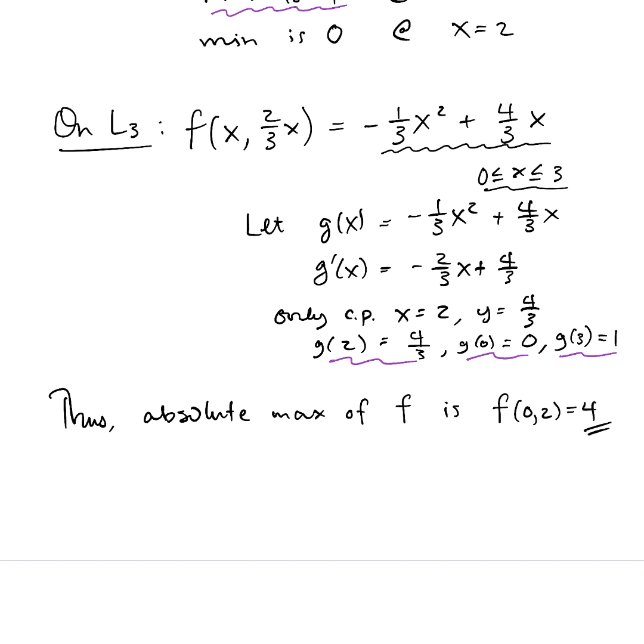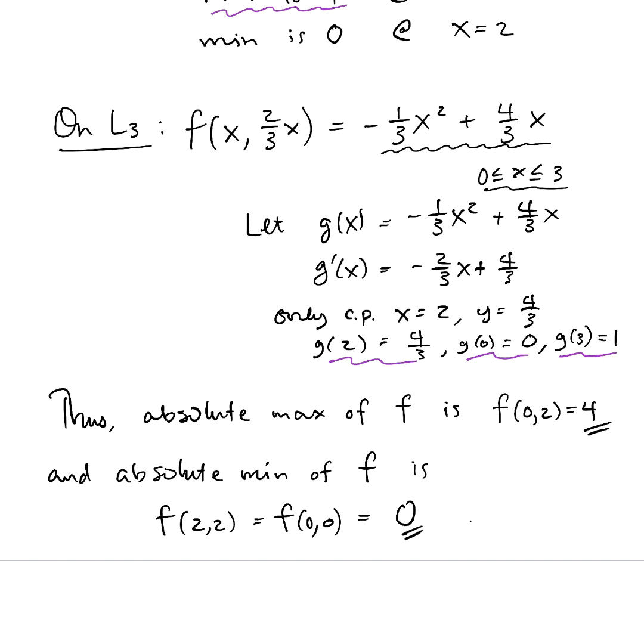So that's the most f ever comes out. And the absolute min of f is f at, oh, that happened at a couple spots, 2, 2, and also at 0, 0, and that common minimum value that f came out to at those spots was 0.